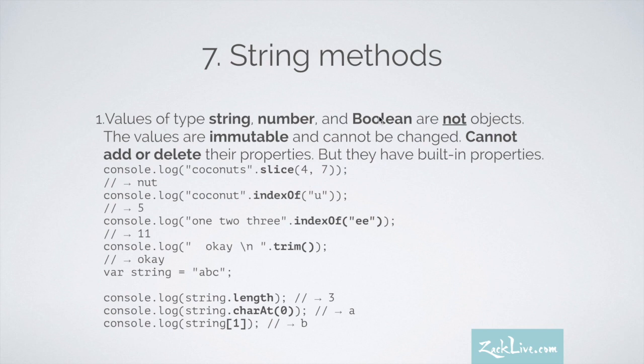Strings, numbers, and booleans are not objects. They cannot be changed. You cannot add or delete their properties, but they have built-in properties. Here are some useful methods for strings. We have slice. It's similar to the one in arrays.